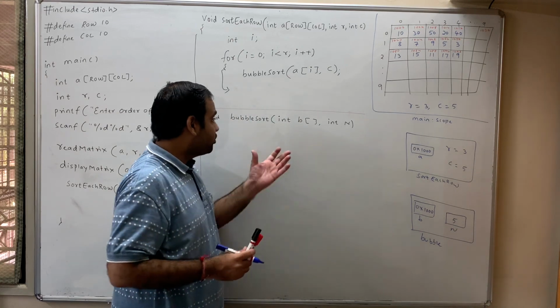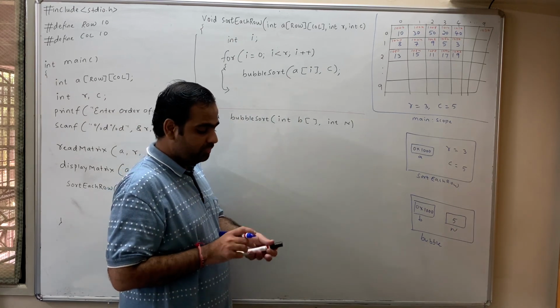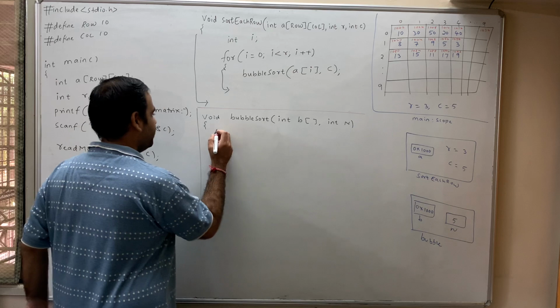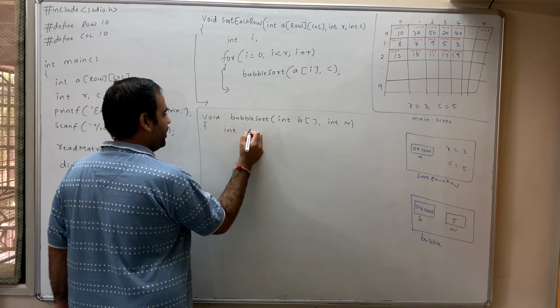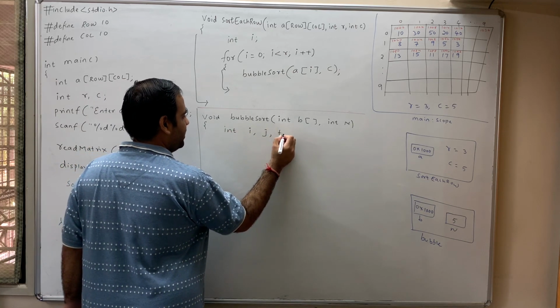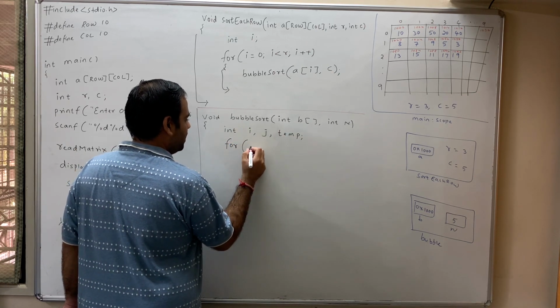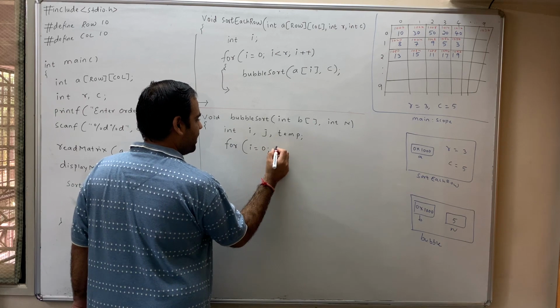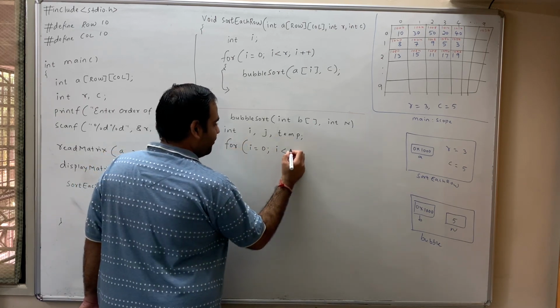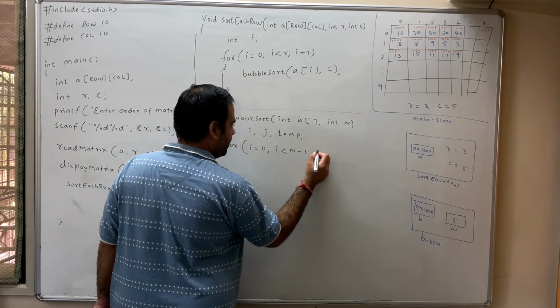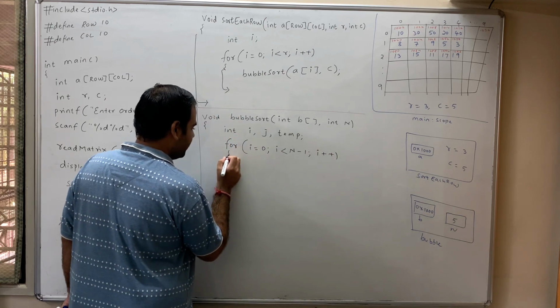Now I need to sort this array. How do we sort it? Using the bubble sort technique. We say int I, j, and I need temp as well. And what do we write? For I is equal to 0. Already I have explained the bubble sort. We have to sort n minus 1 numbers, and we say I plus plus.